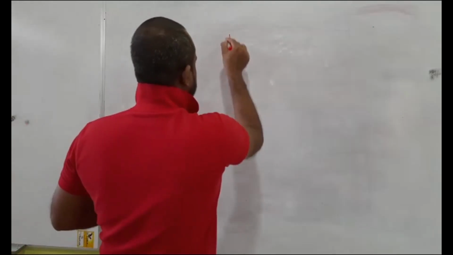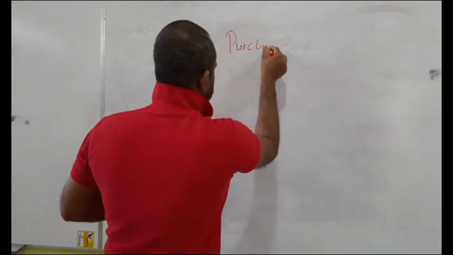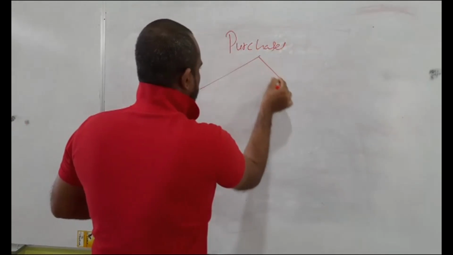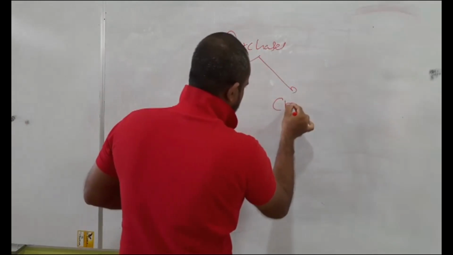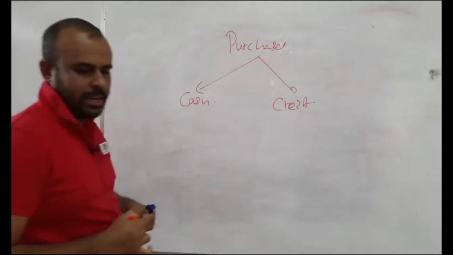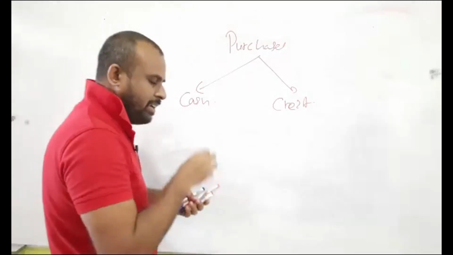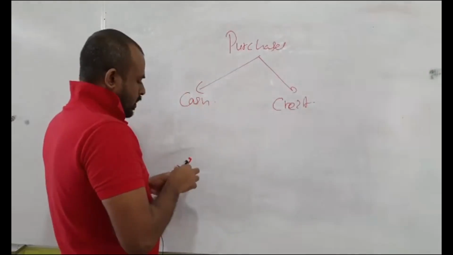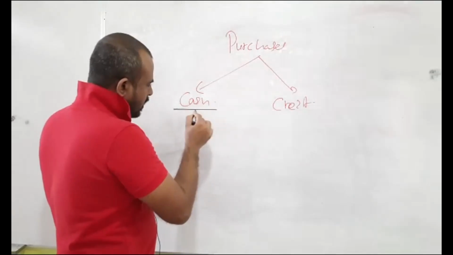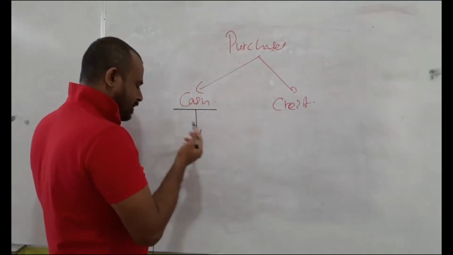One is cash purchases. The other one is credit purchases. When it says all the purchases, it includes both cash and credit. But we have a special journal to record the cash purchases.